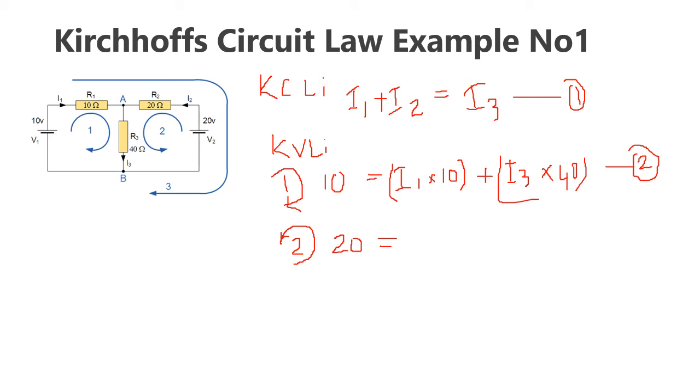So then we need to consider the resistance and the current. There are two resistances in our loop 2, R2 and R3.